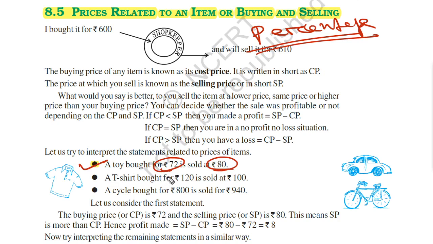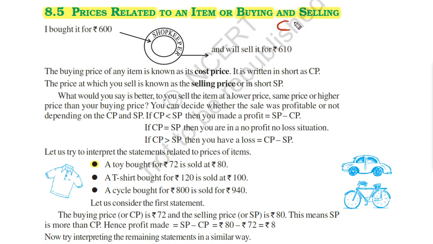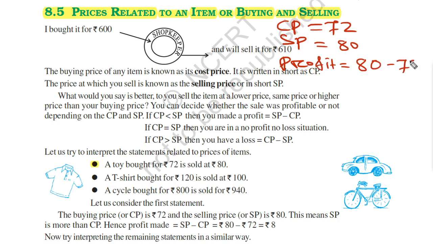Now we know that there is a profit, so we can write it here: CP equal to 72, SP, or selling price, equal to 80. Profit equals SP minus CP, that is 80 minus 72, which is equal to rupees 8. So we have a profit of 8 rupees.